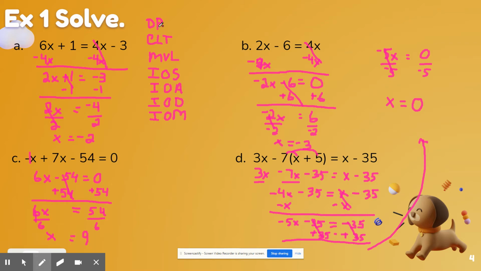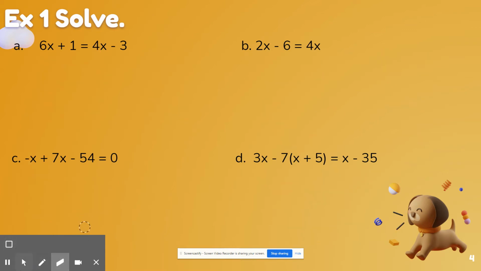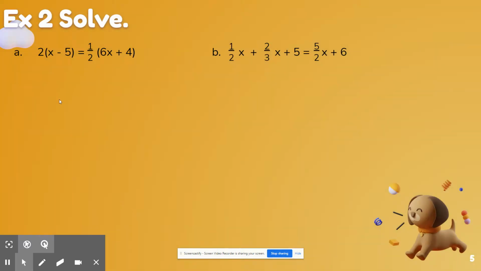Again, it's just about going through these steps here. Same thing here. It doesn't matter if they're fractions or decimals or anything like that. You still do them in the same order. So I'm going to write them out again.